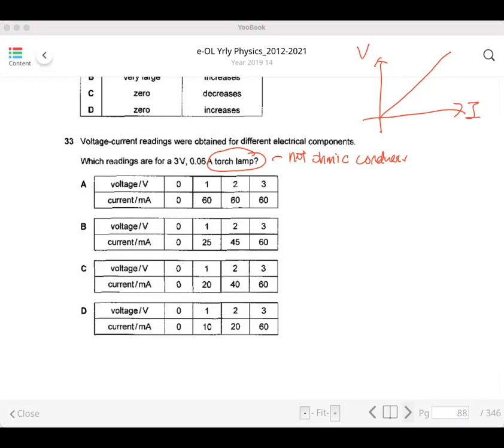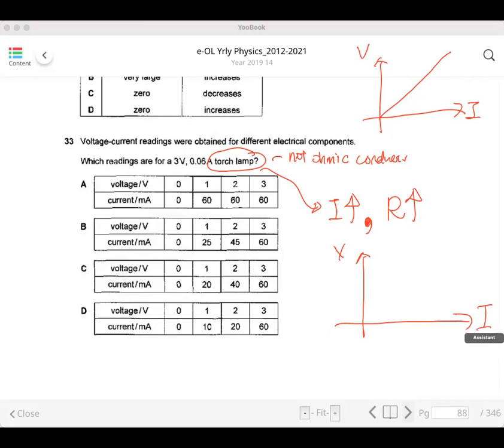For the torch lamp, you must remember that as the current goes up, the resistance goes up. So for a lamp like this, how would the graph look? I use a VI graph.